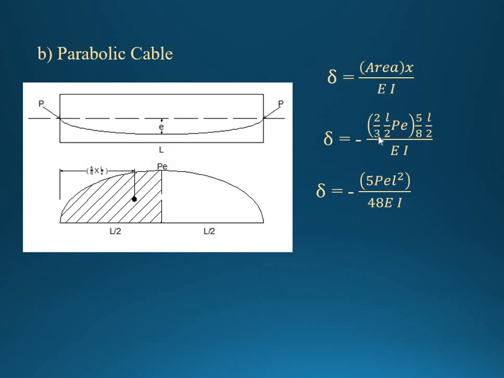Area is 2 by 3 into length, length is L by 2, that is only half portion we have considered. So L by 2 into PE is the area, into the centroidal distance, it is 5 by 8 into its length. Here length is L by 2.